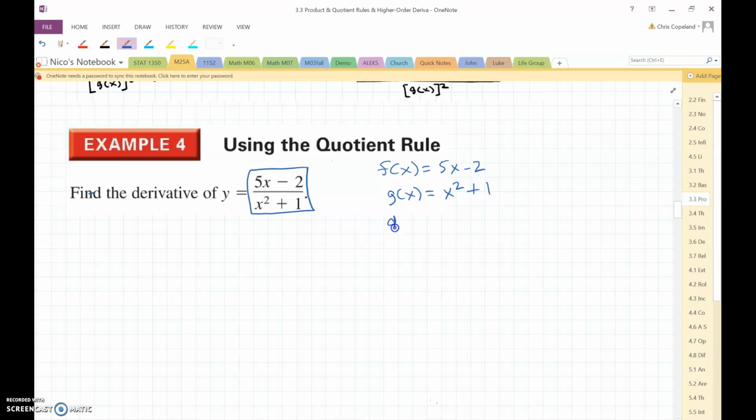Again, the derivative for the quotient rule, so the derivative of two functions being divided by each other, is equal to the denominator times the derivative of the numerator minus the numerator times the derivative of the denominator, all over the denominator squared.